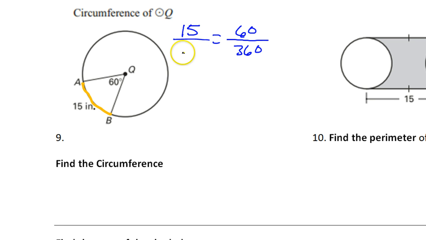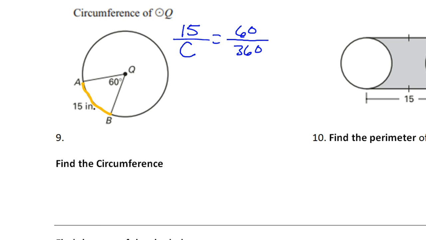The whole is what we're looking for. We're supposed to find the circumference. The circumference is the length of the whole circle. So I'm going to put a big C there instead of X to remind me that I'm finding the circumference right now. All I have to do is find C and I'm done. So it's actually pretty simple.